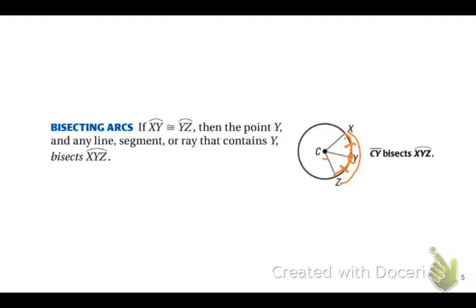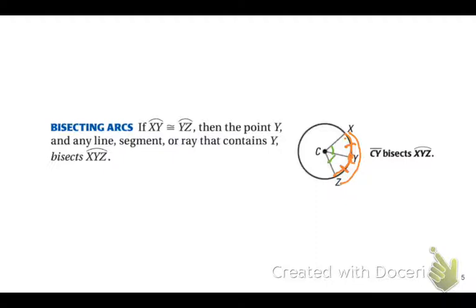Where that comes in handy is when you look at these angles. If these arcs are congruent, then that line also bisects these two angles.